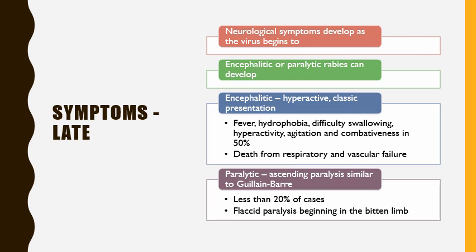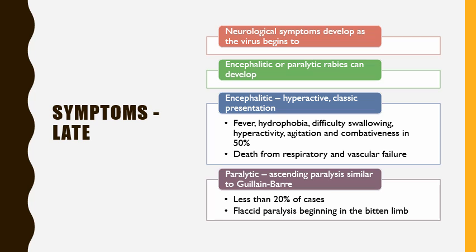After the initial symptoms start to develop, the disease starts to progress into late stage. This would be when the virus would spread more towards the central nervous system. So you start to see neurological symptoms. You would either see an encephalitic or paralytic type of rabies.